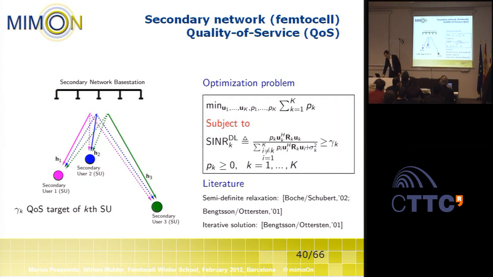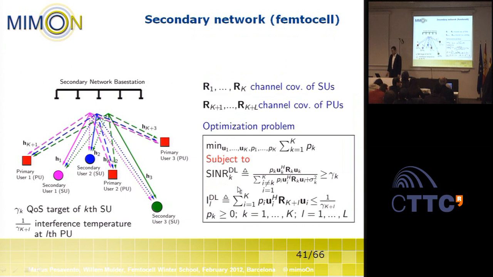We don't only want to limit the interference among users, we also want to limit the interference to users of the macrocell network. So in this case, we have a similar optimization problem.